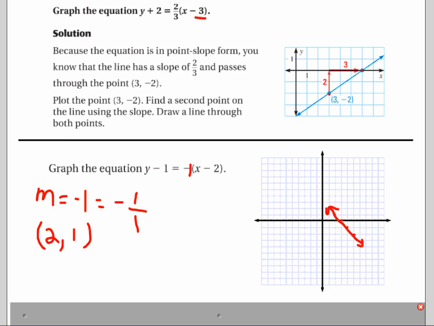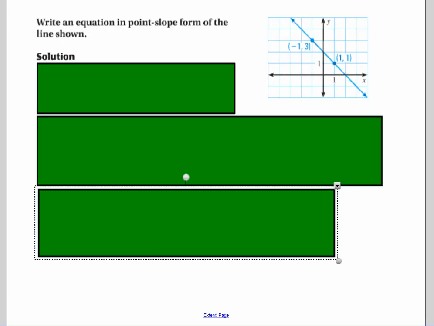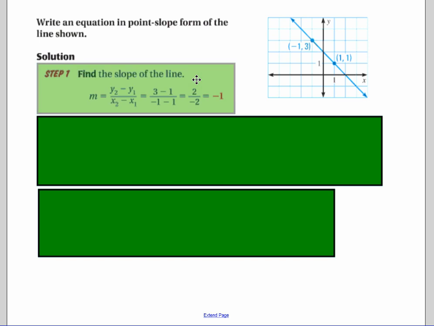All right. Another way we can do this is if we are given just a graph and we want to show the equation in point slope form. Okay, we want to write the equation in point slope form. So what I'm going to do first is figure out what my slope is. In this case, I can do two different things.